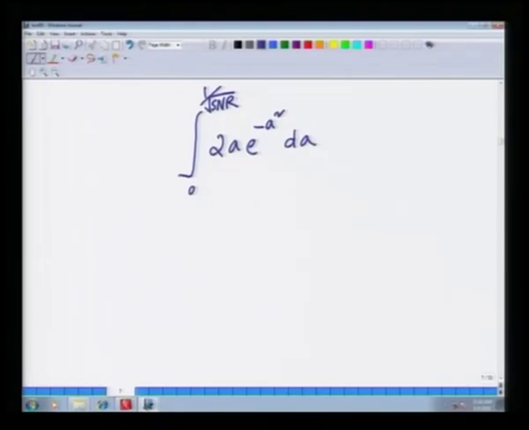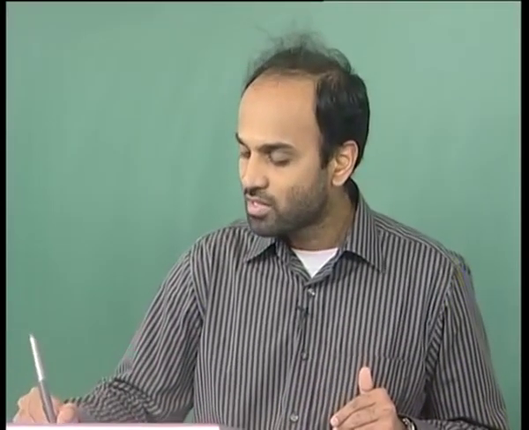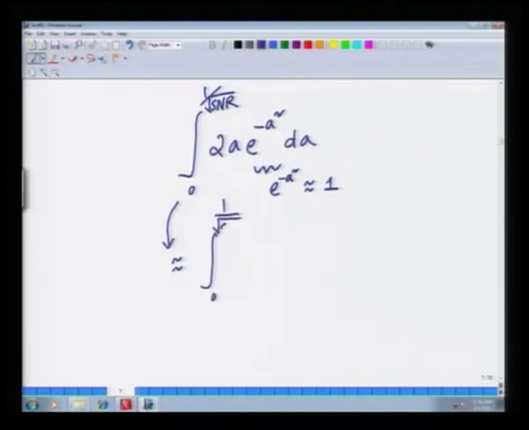Look at this, this is 1 over square root of SNR. So, if SNR is very high, this is almost 0, which means e power minus a square is approximately equal to 1. So, I can approximate this integral as approximately the integral from 0 to 1 over square root of SNR of 2a dA, because e power minus a square is approximately 1.